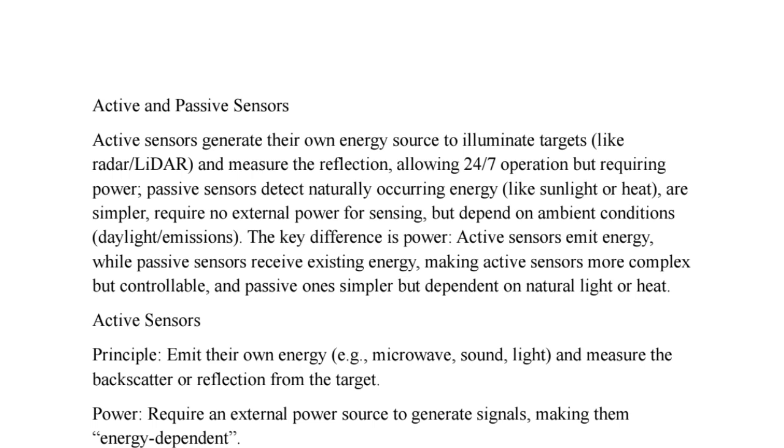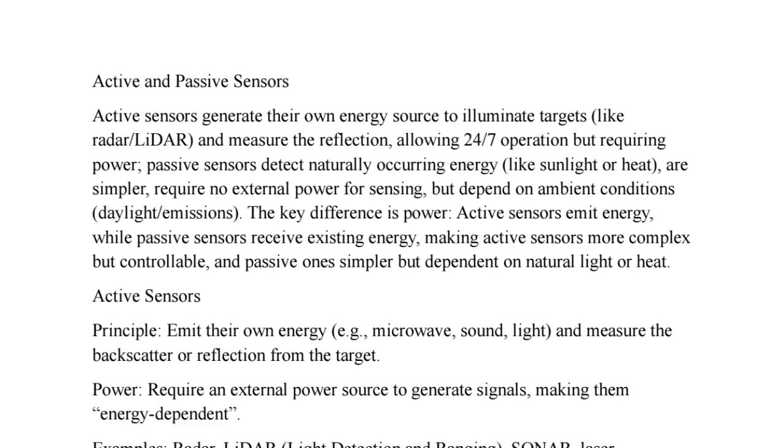Finally, you should have understood the main difference: an active sensor emits energy, but a passive sensor receives existing energy, making active sensors more complex but controllable. But passive sensors are simpler but dependent on natural light or heat.